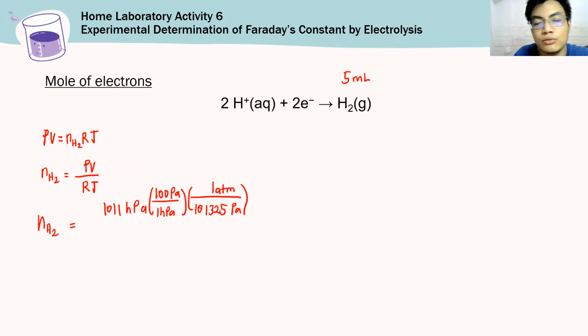Now for the volume, I can simply use the volume of the gas measured using the graduated cylinder. So I have 5 ml. I have to convert this into liters, so we have 1000 ml in 1 liter.